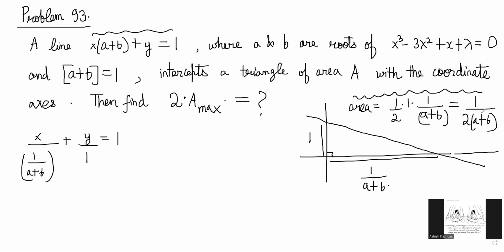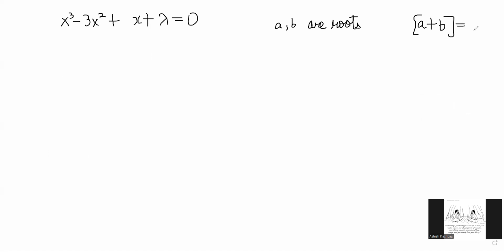We have to find the maximum value of this area, and that we can only do if we analyze the other parts of the problem, where a and b are roots of this and GIF of a plus b is 1, right? So we have a cubic equation. I will work it out in the next screen. So we have a cubic equation, x cubed minus 3x squared plus x plus lambda is equal to 0. And we know a and b are roots such that GIF of a plus b is equal to 1.